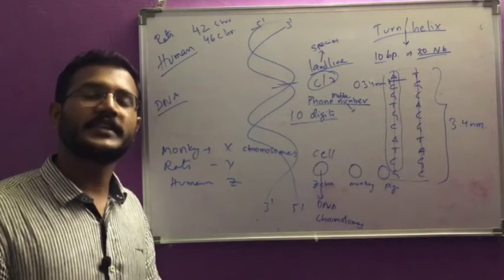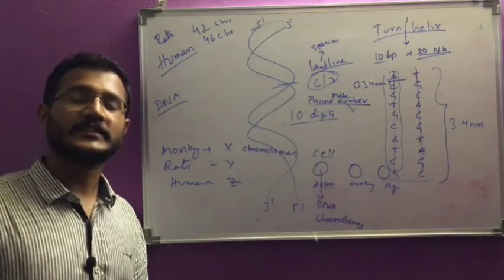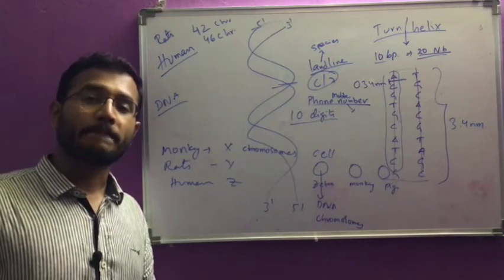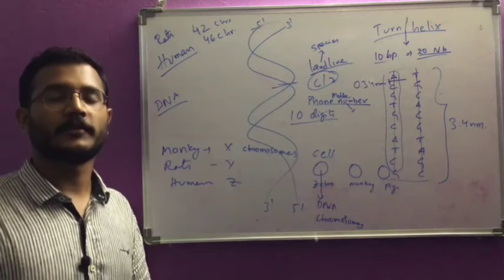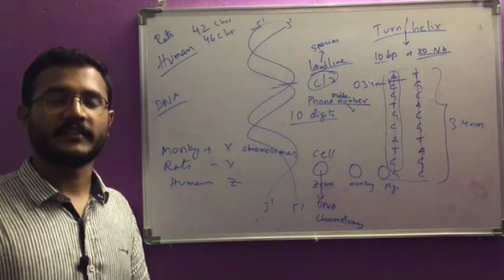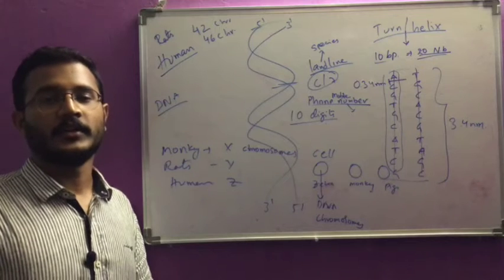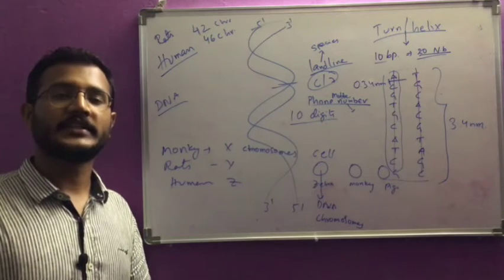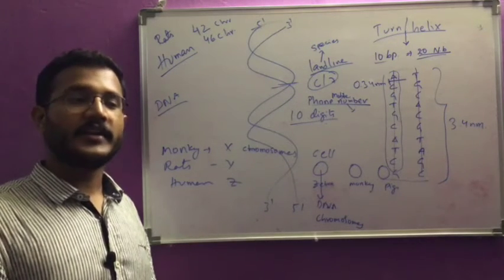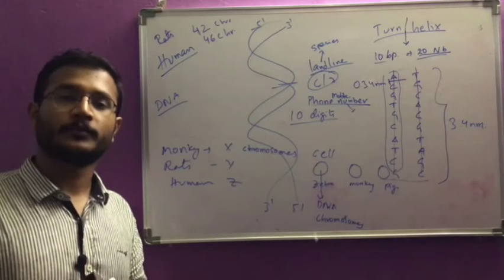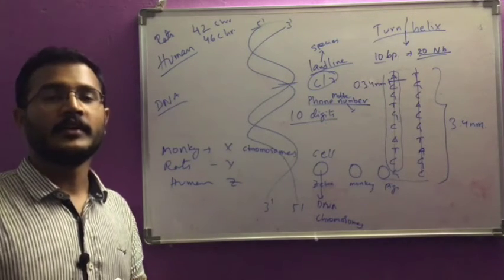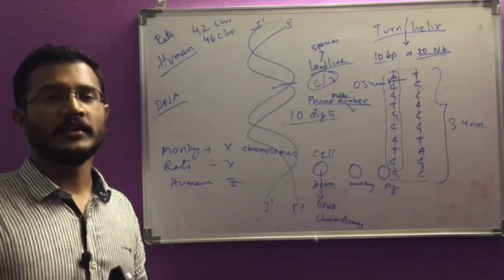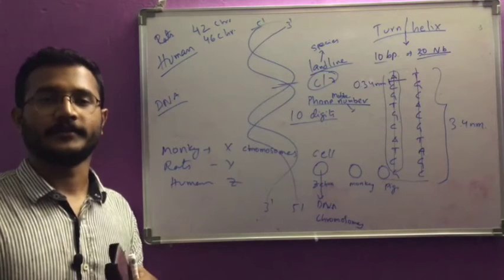So this is the specificity of the DNA, and that's why nature has chosen DNA as the genetic material, because it is very stable from one generation to another, and it is passed in the form of gametes. But if it were RNA, it would continuously be prone to mutations, and slowly after 100 years the species may not look like now. So these are the differences between DNA and RNA, and the stability of DNA is more when compared to the stability of RNA.